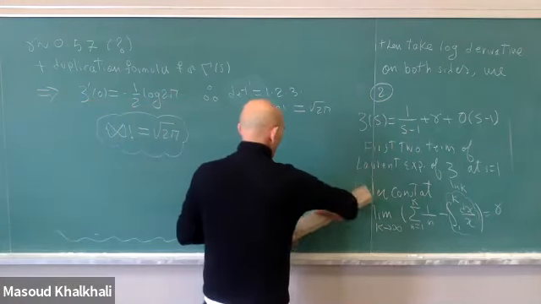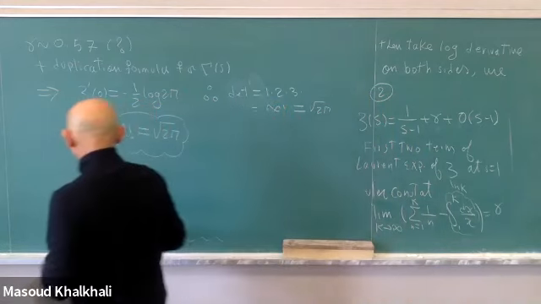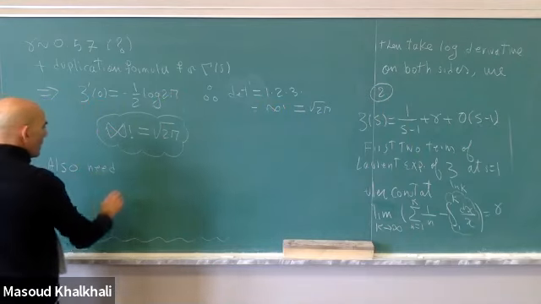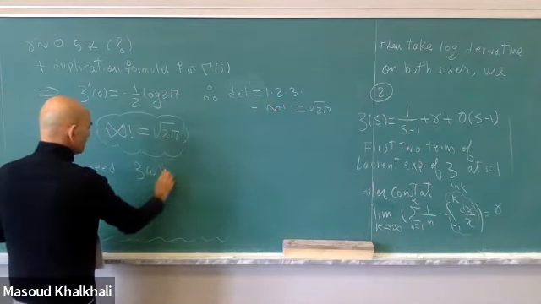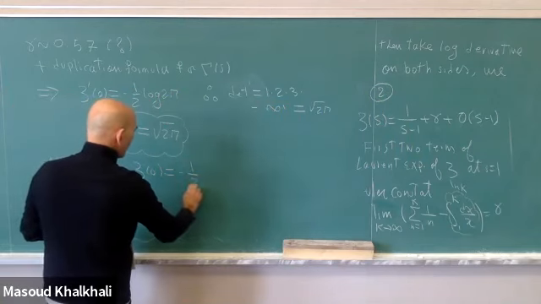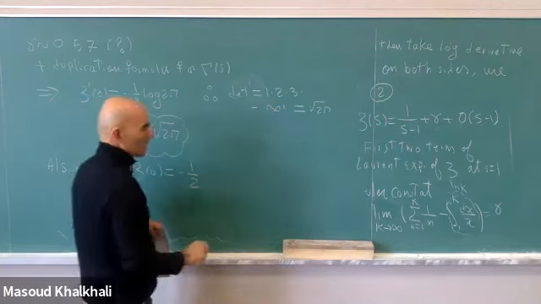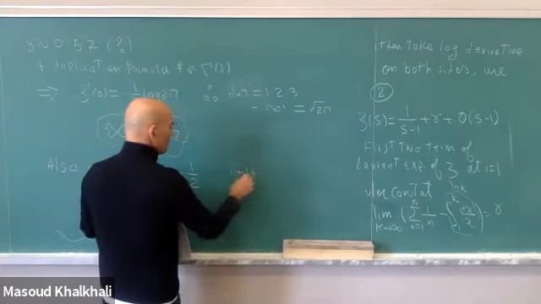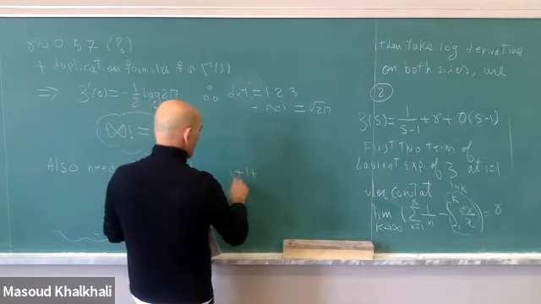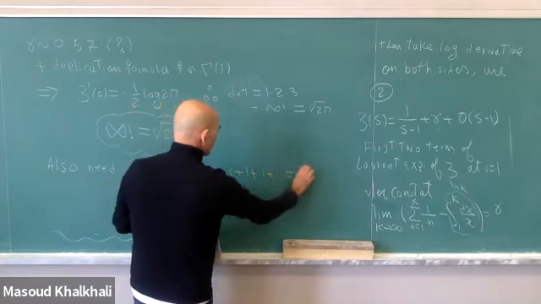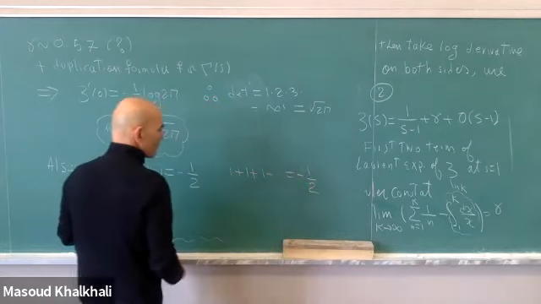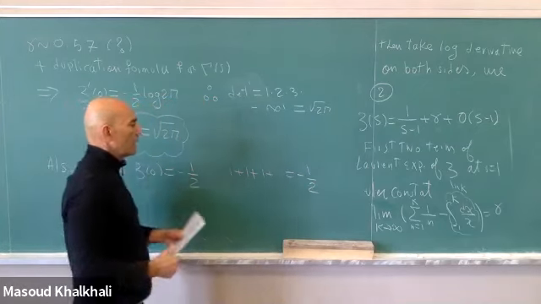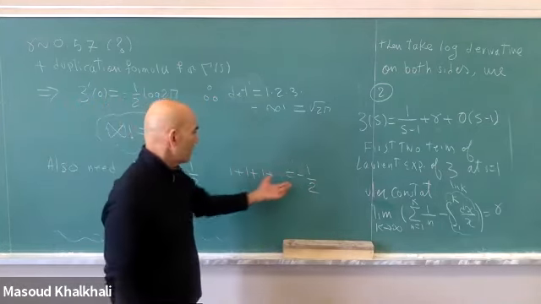One more thing, we also need to know that zeta of 0 is equal to minus 1/2. There are videos on YouTube you can watch. People give all kinds of phony proofs of why 1 plus 1 plus 1 and so on is equal to minus 1/2.